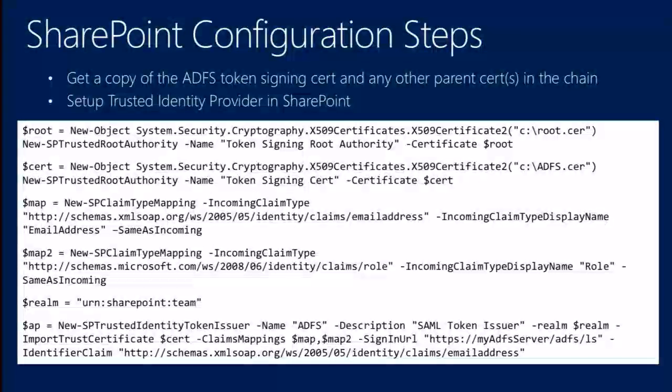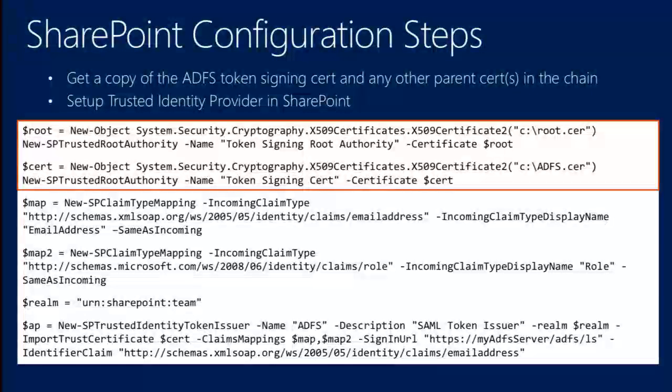And after that, we get to open PowerShell and start configuring the SharePoint Trusted Root Authority object and the SharePoint Trusted Identity Token Issuer. So the first thing we do here is these first two commands are going to add the token signing certificate from ADFS and the parent certificate to SharePoint.